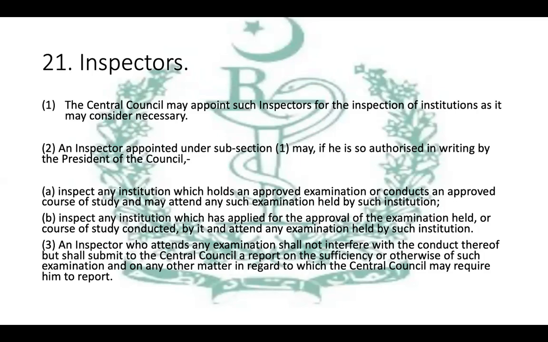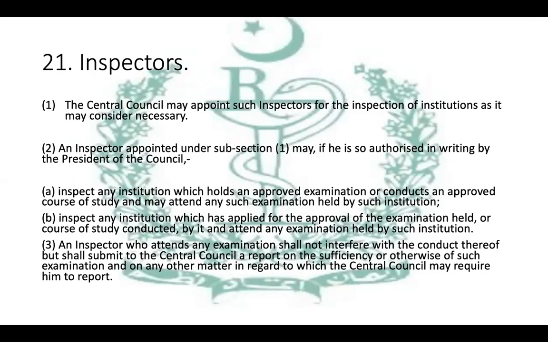So whenever the panel inspectors go to such a facility, they have to observe. They do not interfere with how they are conducting. They just observe, and in the form of a report, he has to submit it to the pharmacy council.